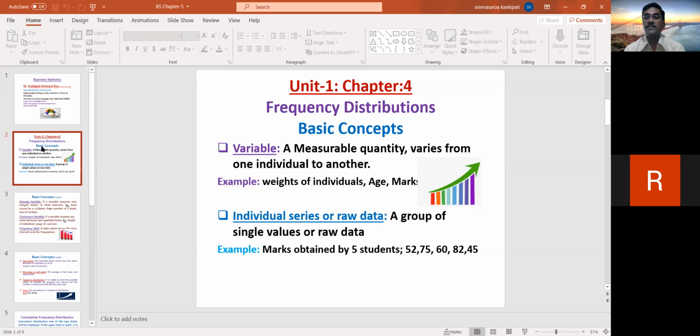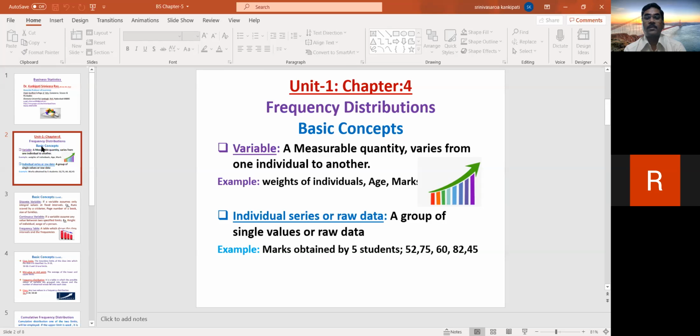Without understanding these concepts, you may feel difficulty in solving the problems in the next chapters. And this component is the last component under this fourth chapter. So the first basic concept is variable.